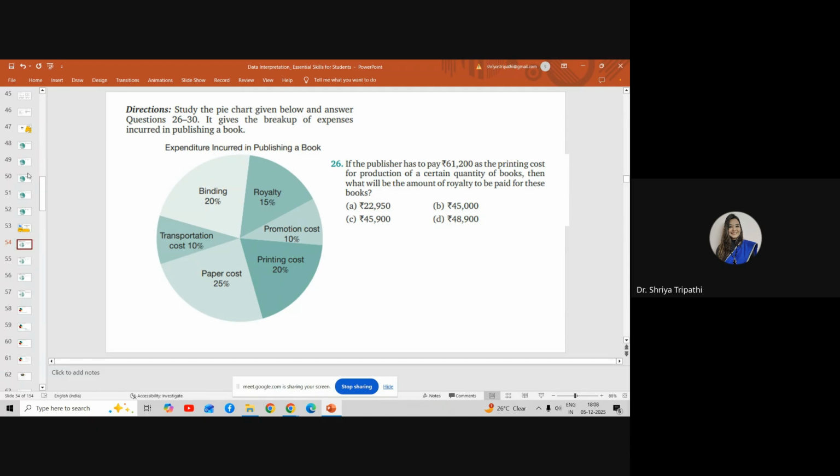Study the pie charts given below. Expenditure occurred in publishing a book. So here the unit is percentage. If the publisher has to pay 61,200 as a printing cost for production of a certain quantity of books, then what will be the amount of royalty to be paid for these books?